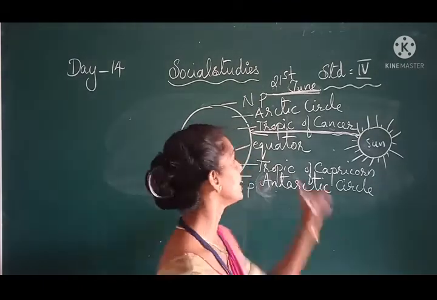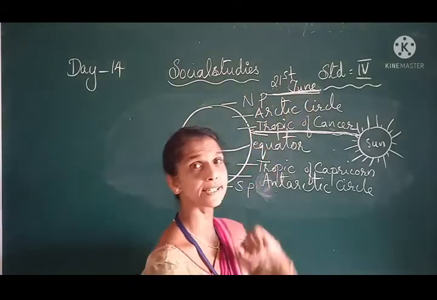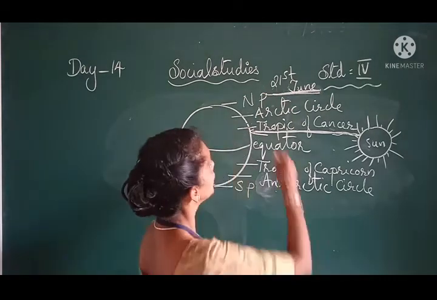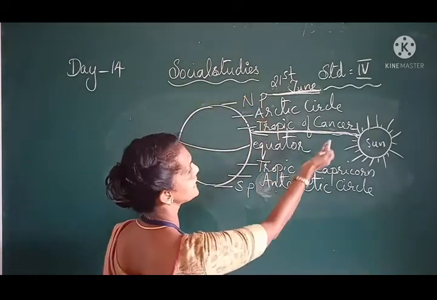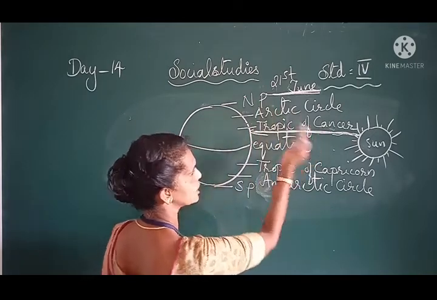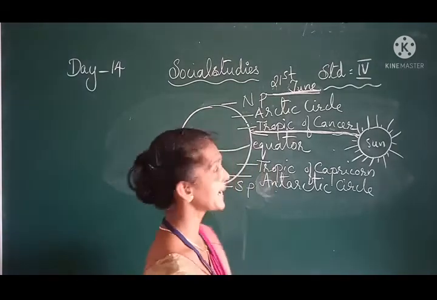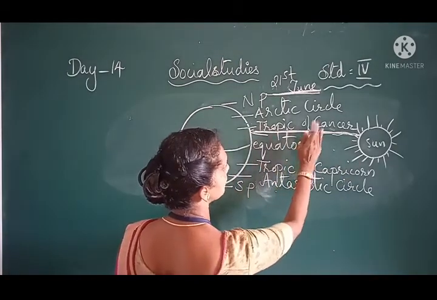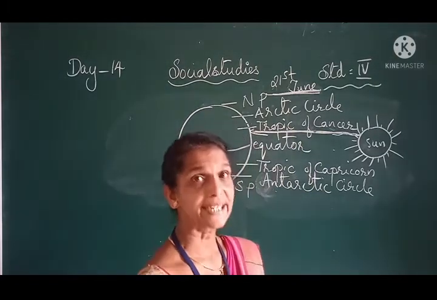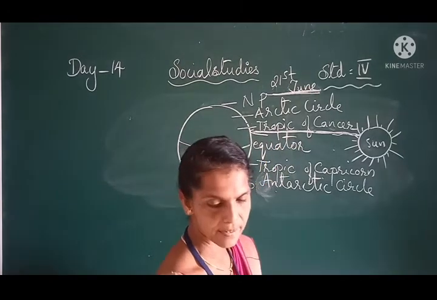So when the North Pole is nearer to the sun on 21st June, when the North Pole is tilted, that is, when this part tilts facing the sun, the sun's rays fall directly on the Tropic of Cancer, and this indicates summer season in the Tropic of Cancer.